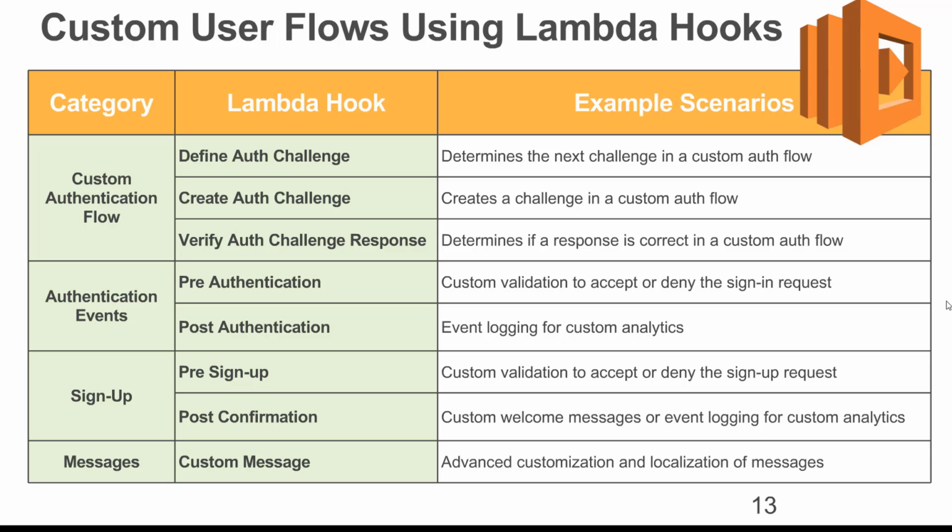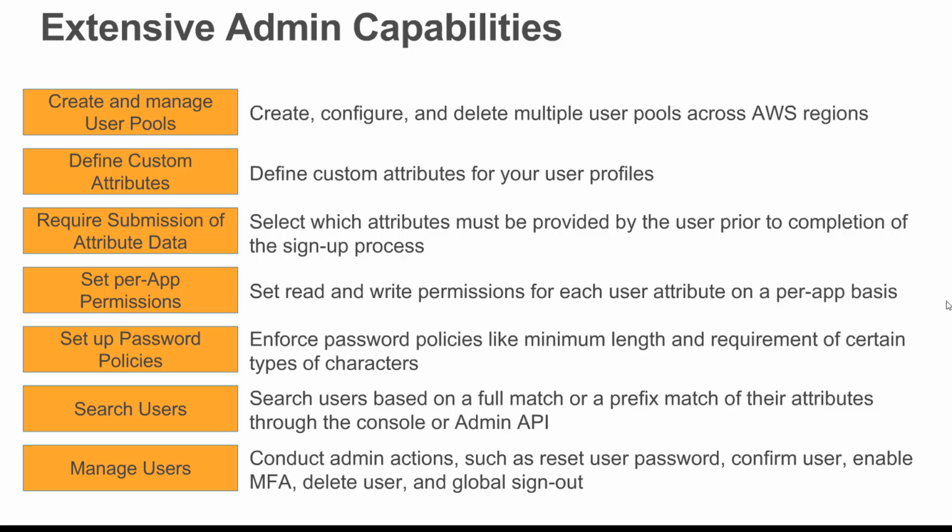And then the last one listed here is the custom message Lambda trigger. I'll show you in a little bit a very simple way of customizing messages through templates, but you can also use this Lambda trigger in a more advanced way to really dynamically customize your communication with users however you see fit.